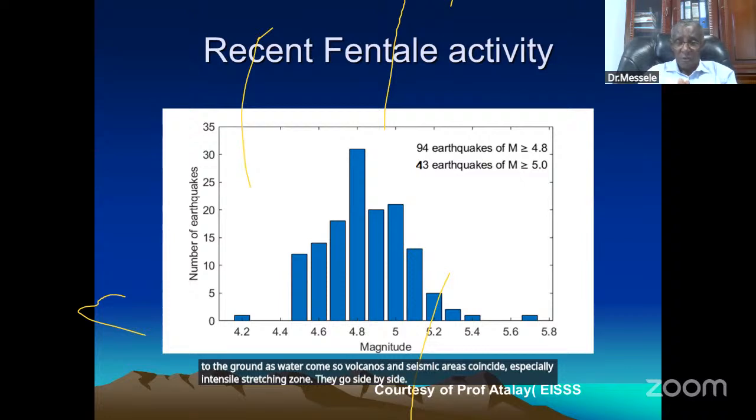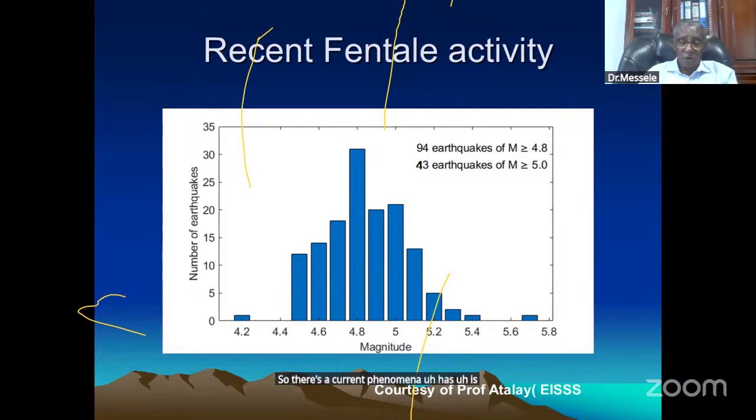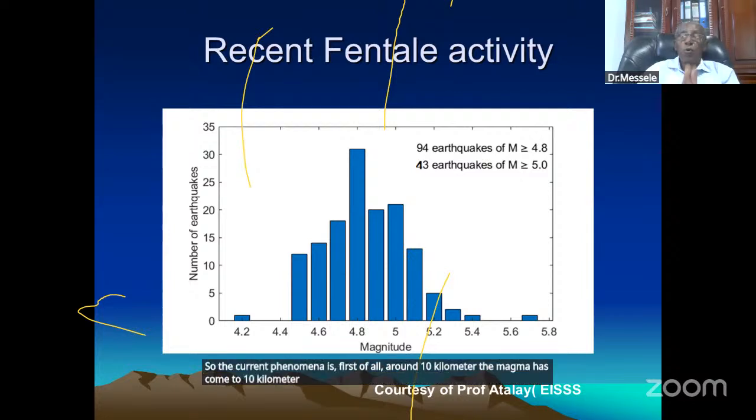So the current phenomenon is, first of all, around 10 kilometers. The magma has come to 10 kilometers and is starting to push and come to the ground as a dike, not as a volcano, as one event.